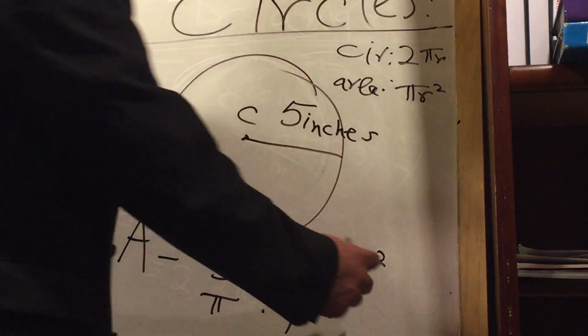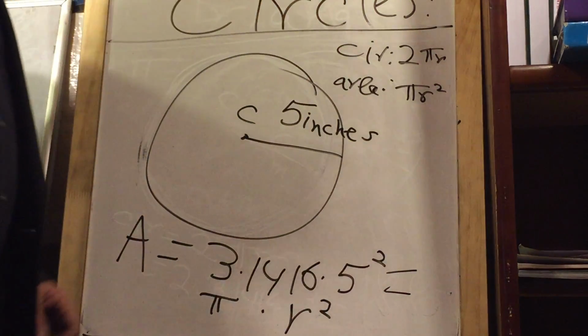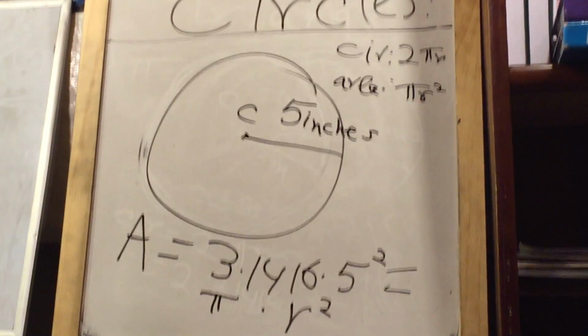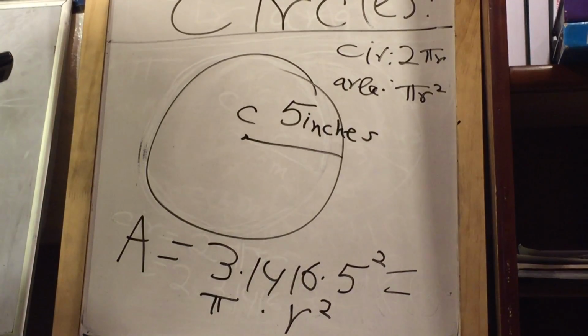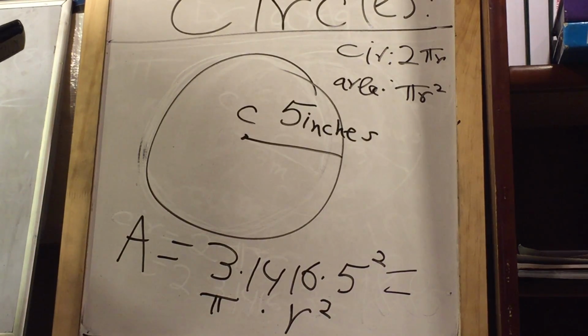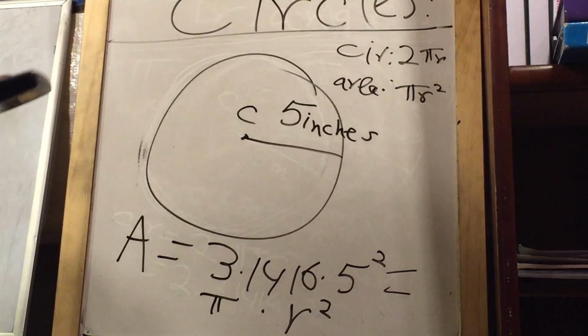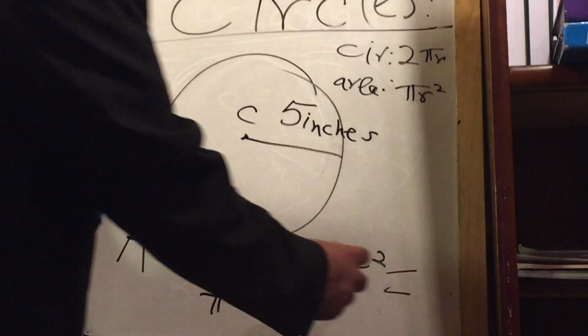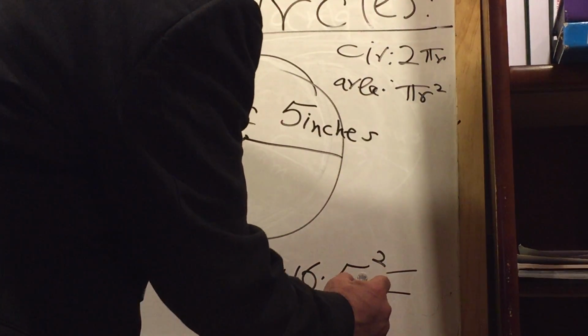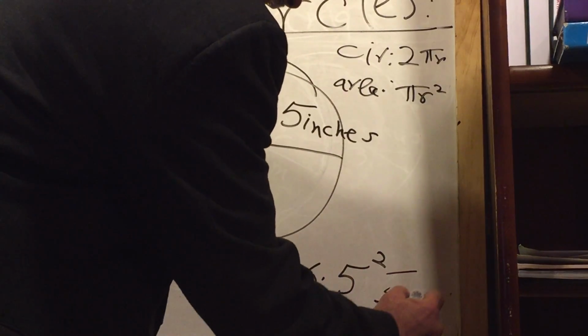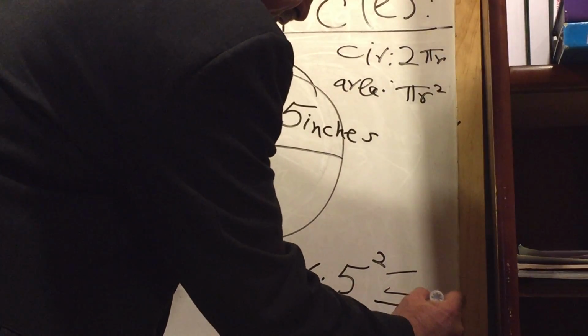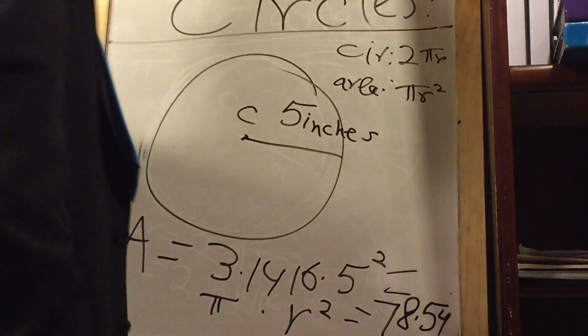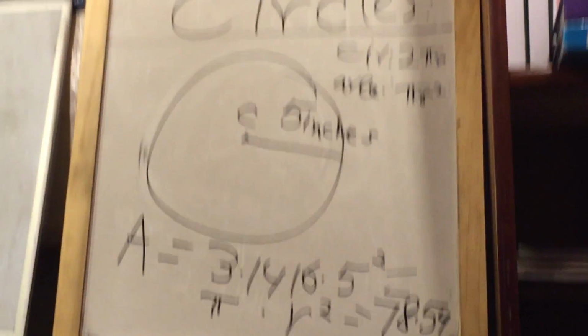That's it. So what is 3.1416 times r squared? Here it is: 3.1416 times 25 is 78.54 inches squared.